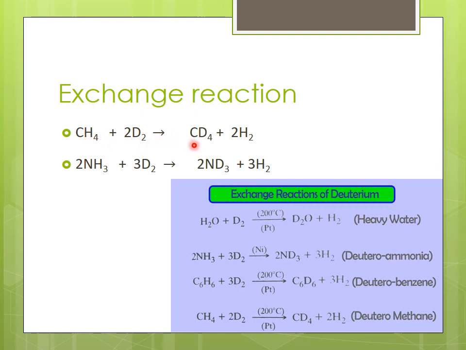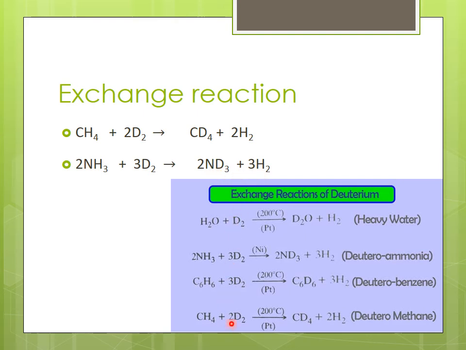So you are getting the product called deuterated methane, CD4, plus hydrogen. Likewise, when NH3 is treated, all the hydrogen atoms will be replaced, so this is called heavy ammonia. This is heavy methane, this is heavy ammonia or deuterated ammonia, plus hydrogen is obtained.